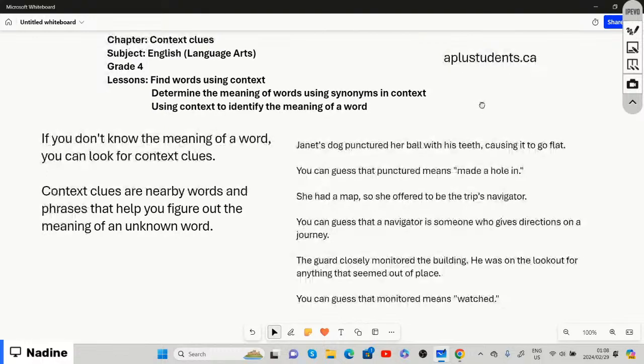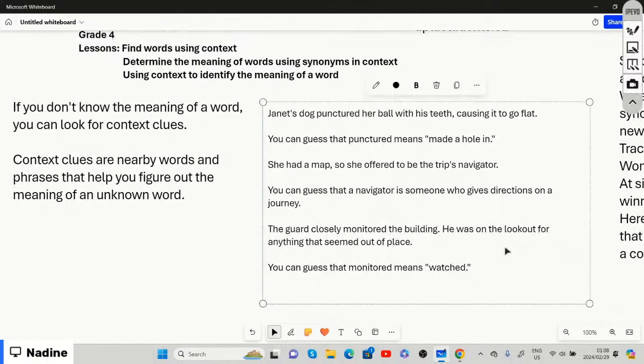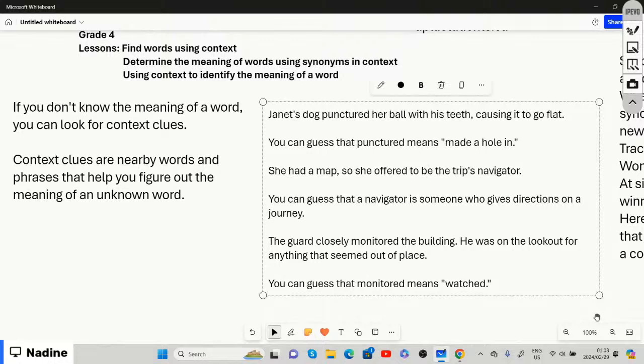So, for example, it says: Janet's dog punctured her ball with his teeth, causing it to go flat.